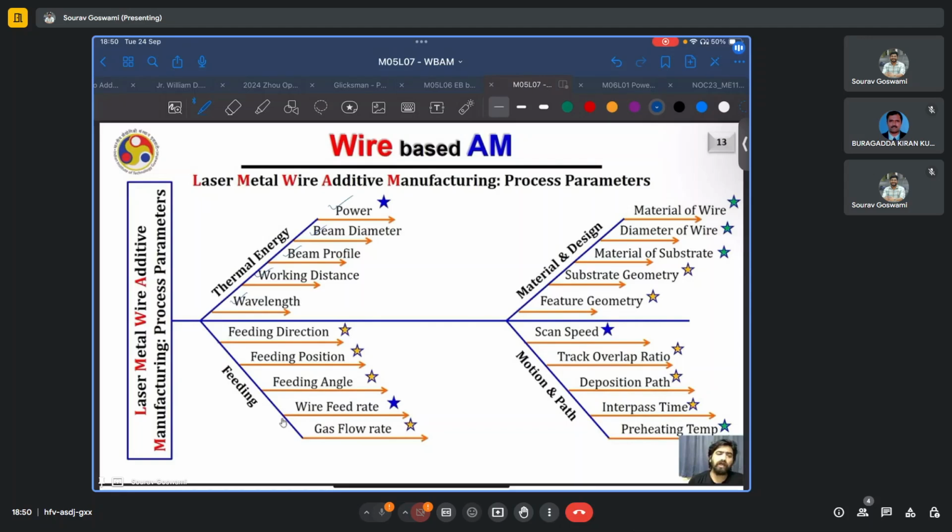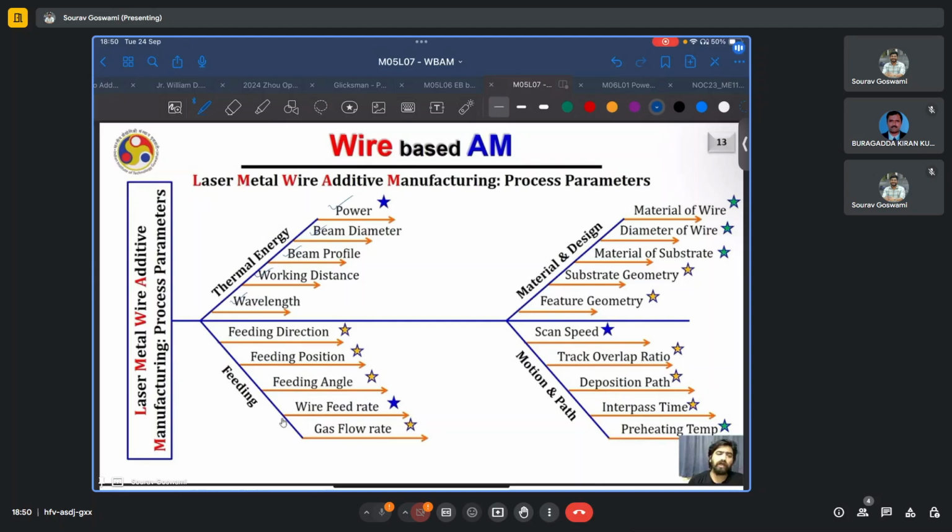The next set of parameters relate to feeding. So the feeding direction, the feeding position, the feeding angle, which again are a function of your feeding system. Typically, we do not change these very often and they are mostly fixed.